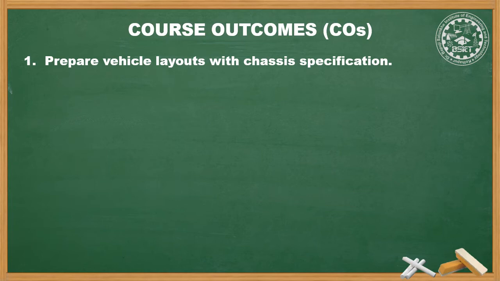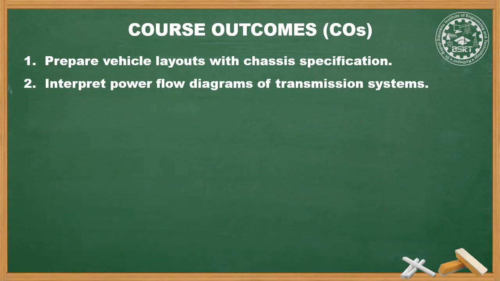Different types of vehicle layouts with chassis specification preparation will be studied in this subject. Second, interpret power flow diagrams of transmission systems. Power flow diagrams, that is the flow of power that usually takes place from the engine to the vehicle in different vehicle layouts, will be studied in this subject.